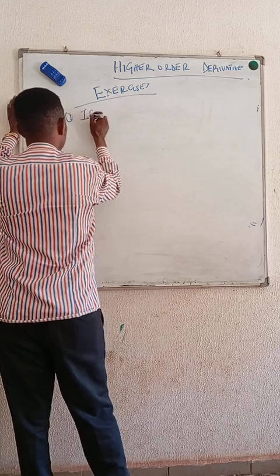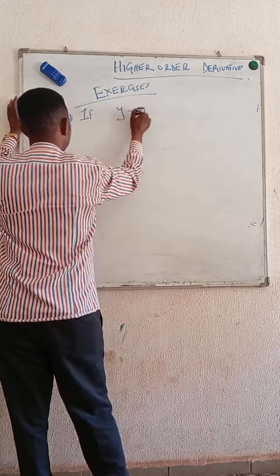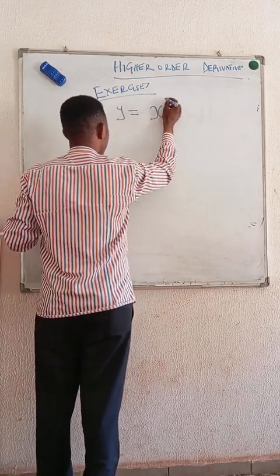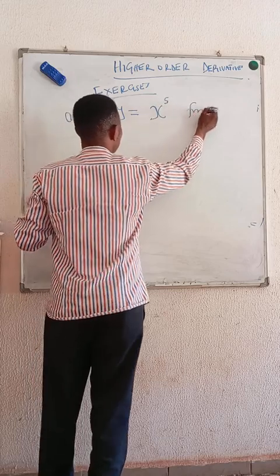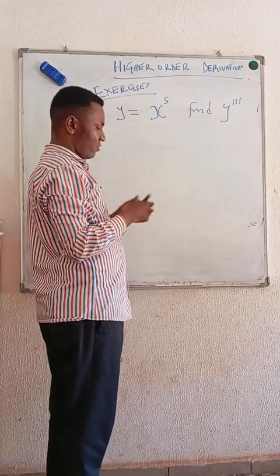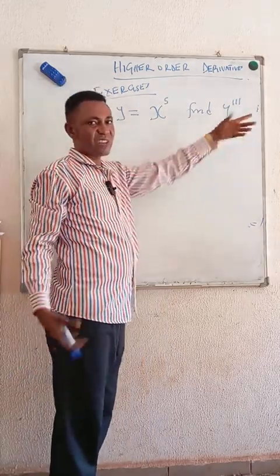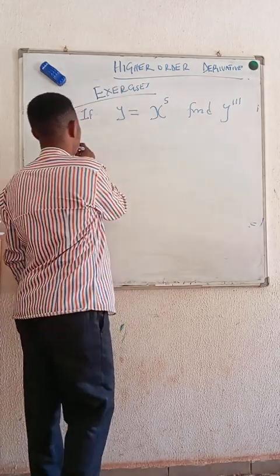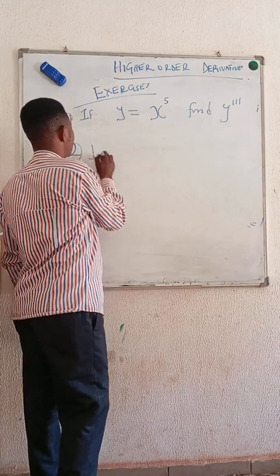Number 1: if y equals x power 5, find y prime, up to the third derivative. It's very simple. Follow what I've just done earlier, and you'll discover there's nothing to it.